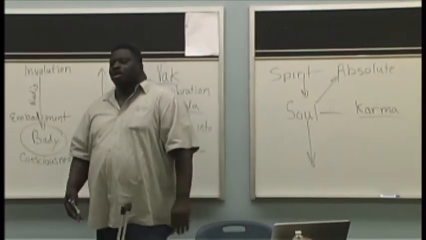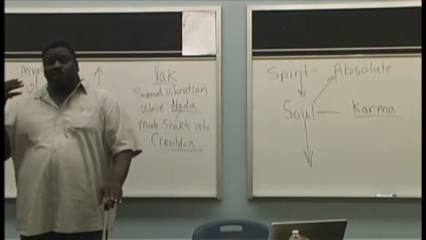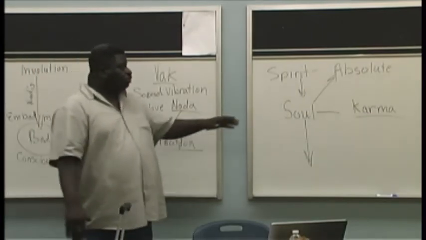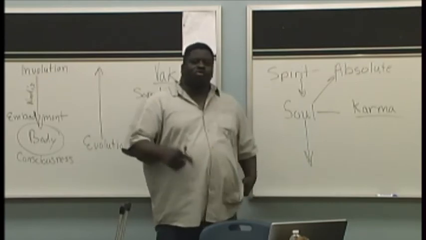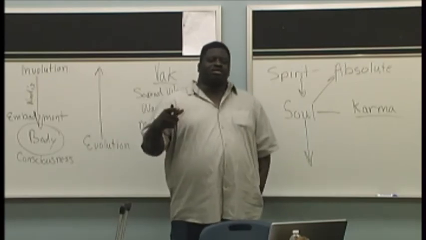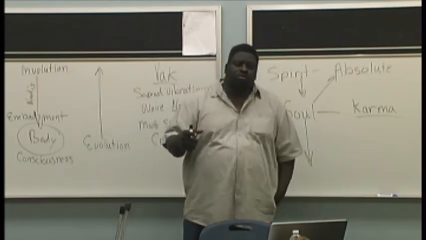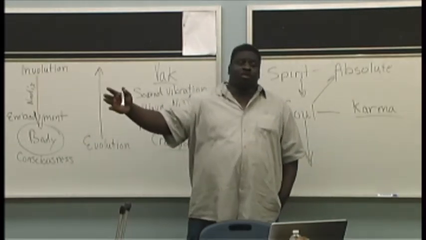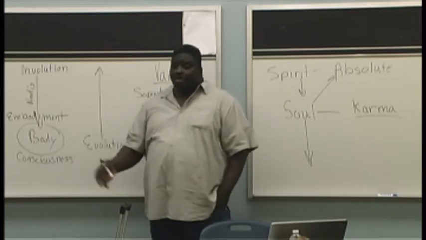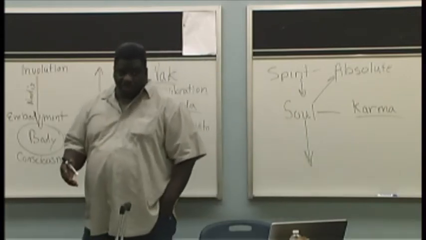It had to put hundreds of blinders on itself in order to begin to experience this thing called creation. Other than that, it would have seen through the illusion of creation and not experienced it.